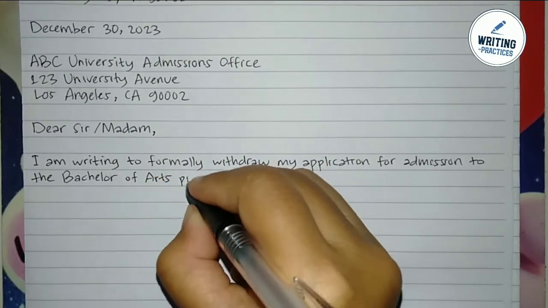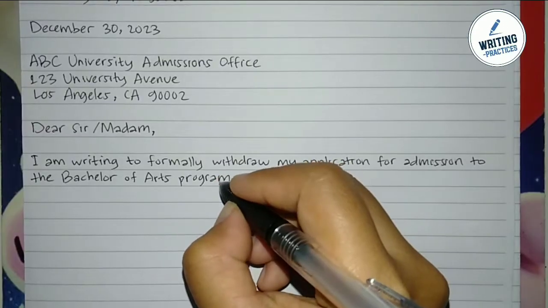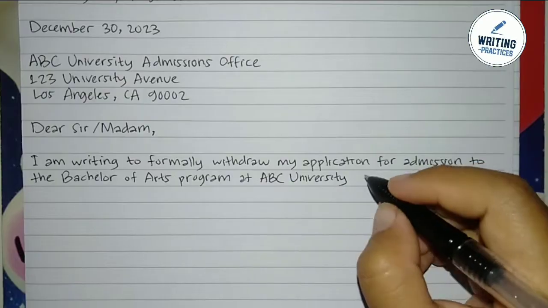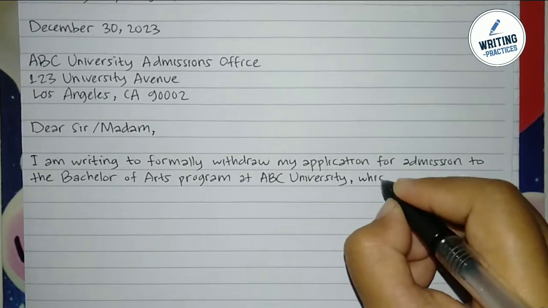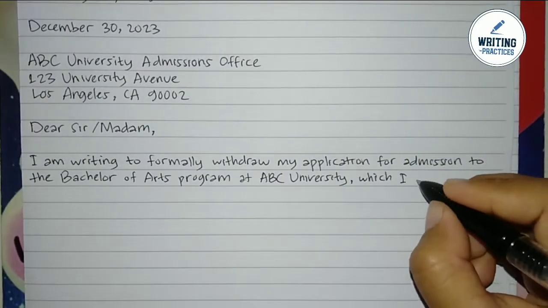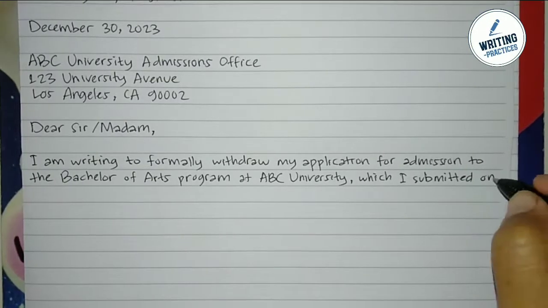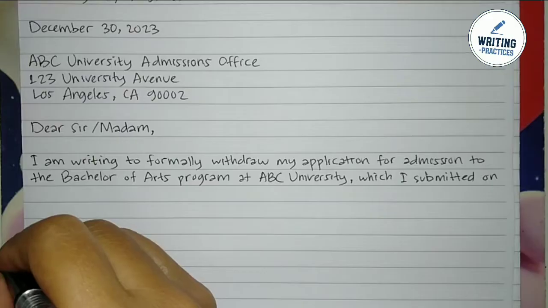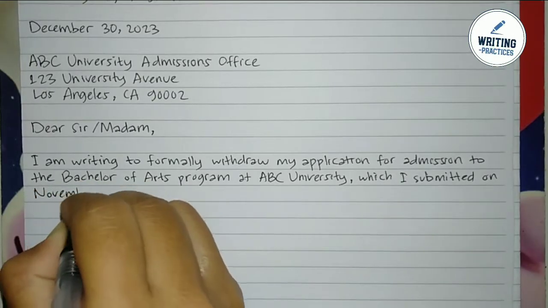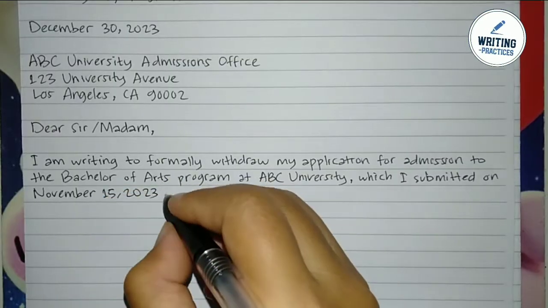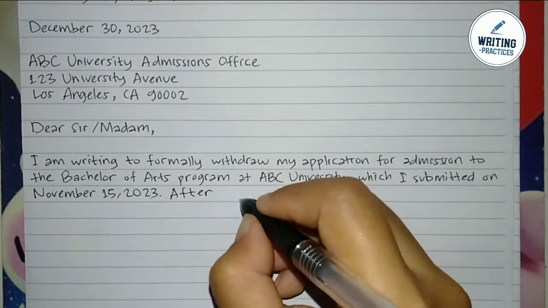This is the example. "I am writing to formally withdraw my application for admission to the Bachelor of Arts program at ABC University, which I submitted on November 15, 2023." And then, explain the reason for the withdrawal. You don't need to specifically explain the reasons for your decision to withdraw, just write the main point.